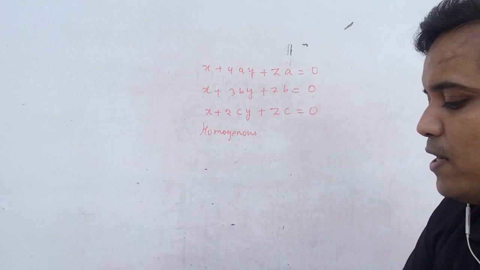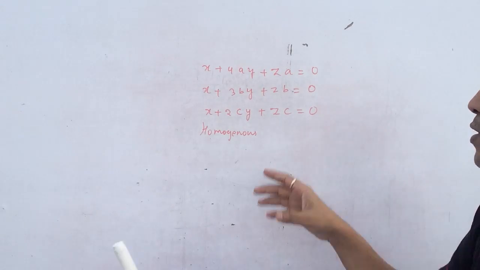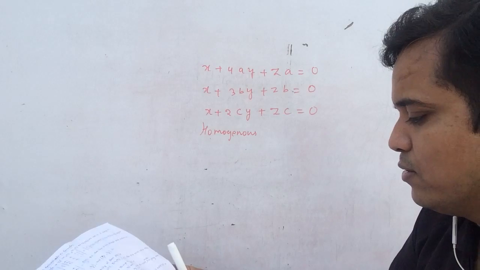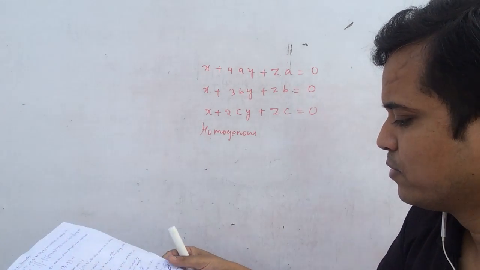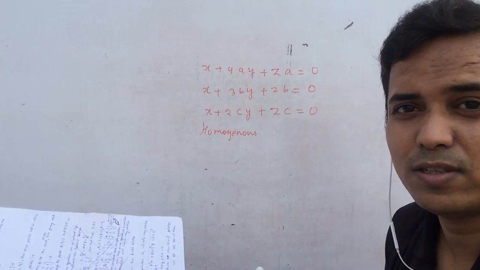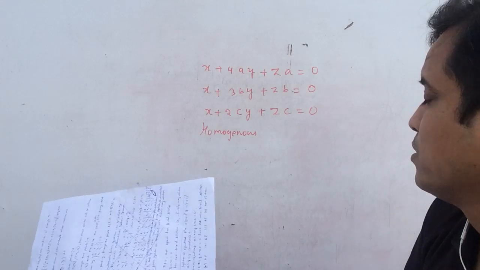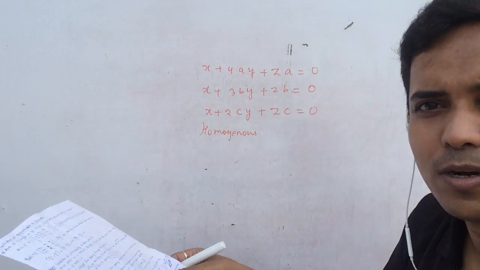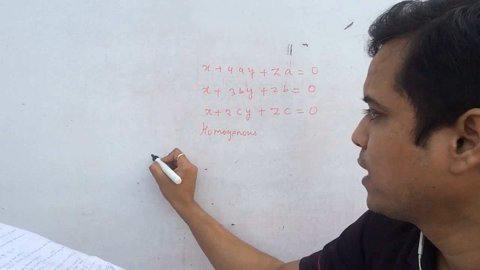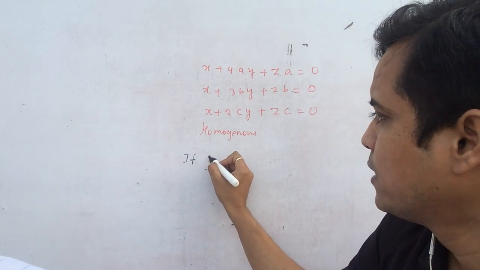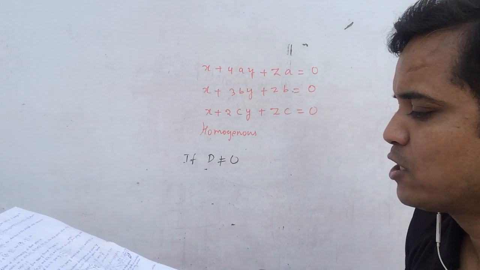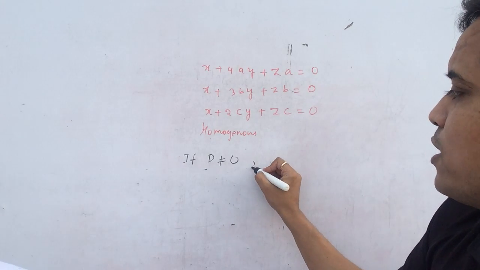I did not explain this to you, I think. So if you have a homogeneous system, we have trivial or non-trivial solution. If D is not equal to 0, the system of linear equations has trivial solution.